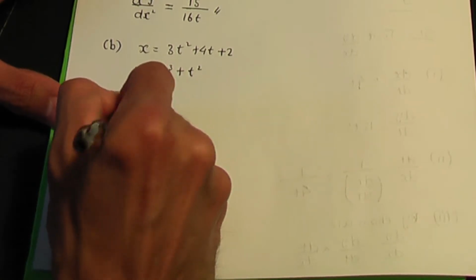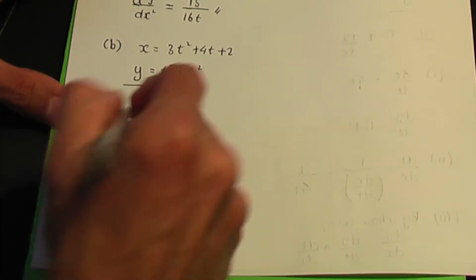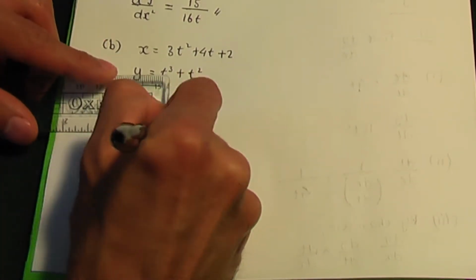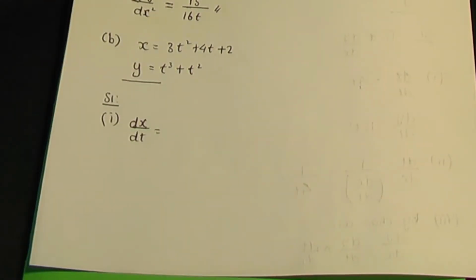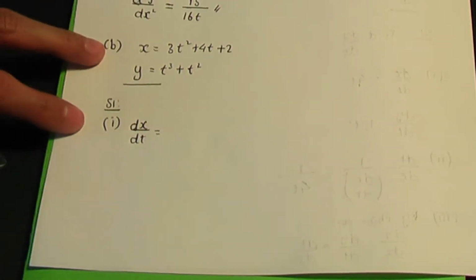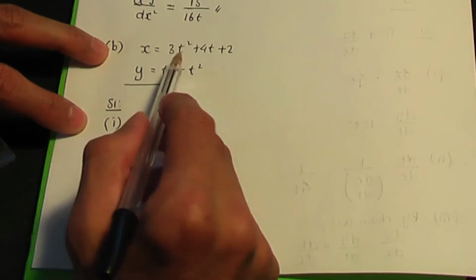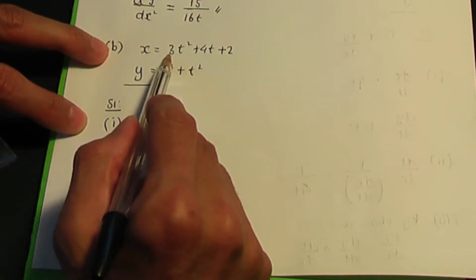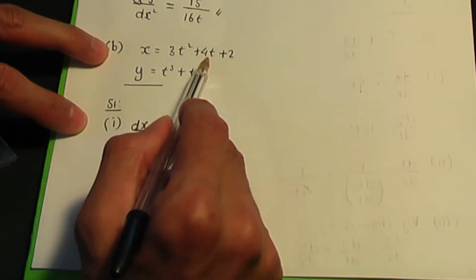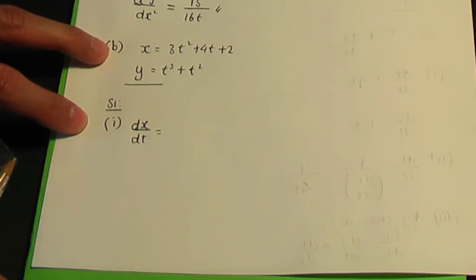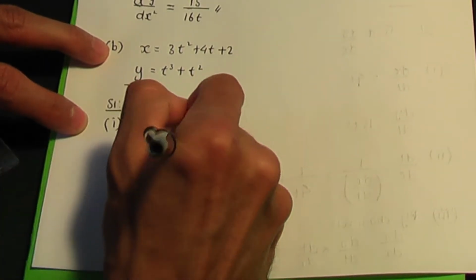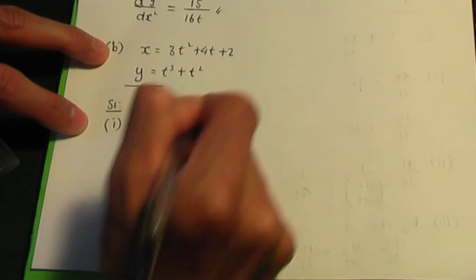Remember the stages for dy over dx. The first stage, we need to calculate dx by dt as well as dy over dt. So dx by dt, when I simply differentiate 3t squared plus 4t plus 2 with respect to t, we'll have 6t plus 4.